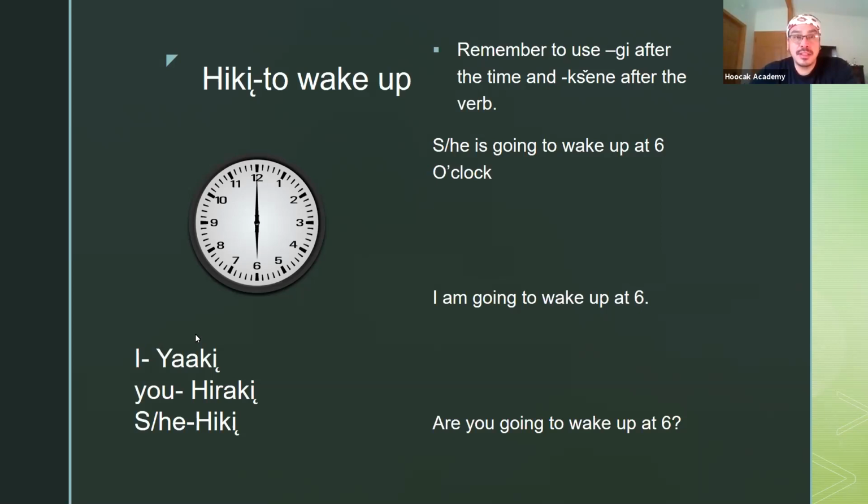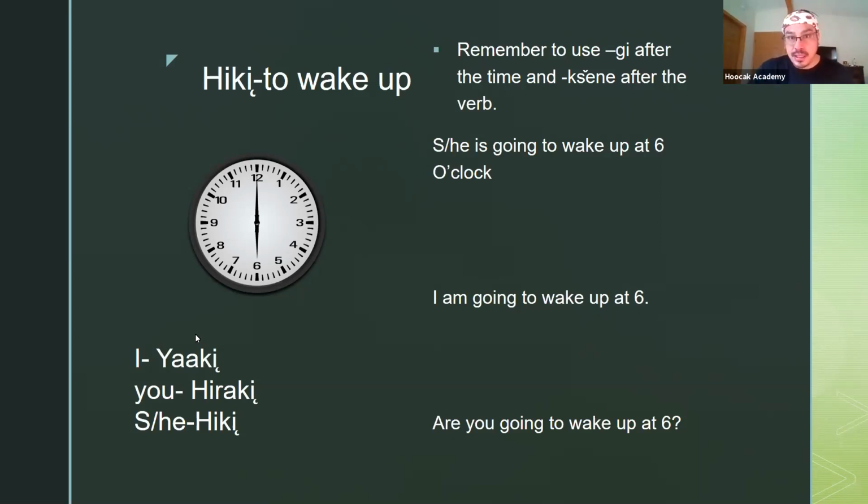Okay. So the first sentence says, she or he is going to wake up at 6 o'clock. If you want to pause the video and work these three sentences out and come back, we can see how you did then.